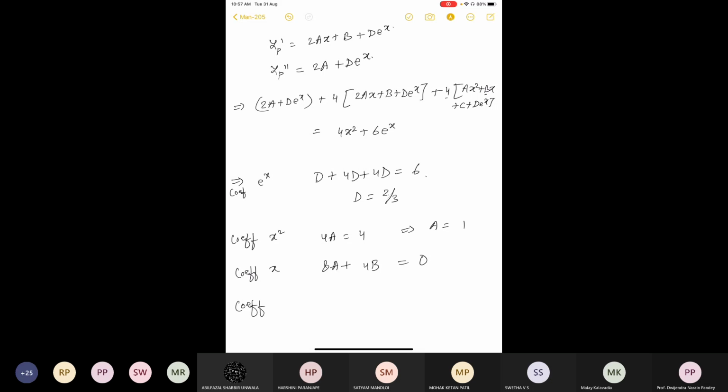Coefficient of 1, the constant term: it is 2a plus 4b plus 4c equal to 0.